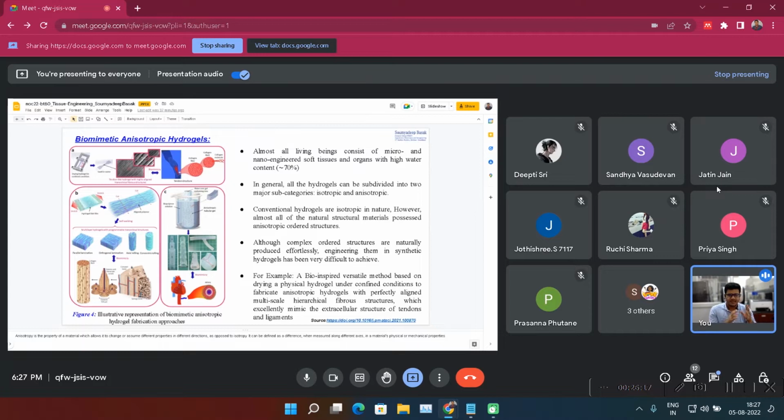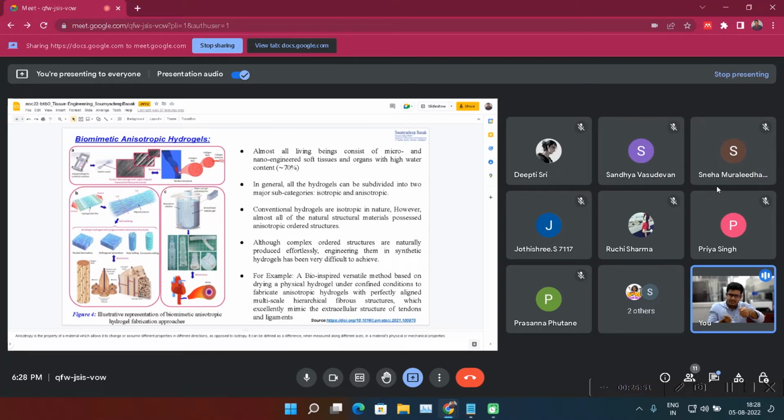For example, in this diagram, on the left side, A. What they have done is create fiber-like structures inside the hydrogel by taking an isotropic hydrogel block, clamping it, and then stretching the hydrogel. What resulted is fiber-like forms produced in the parallel direction.